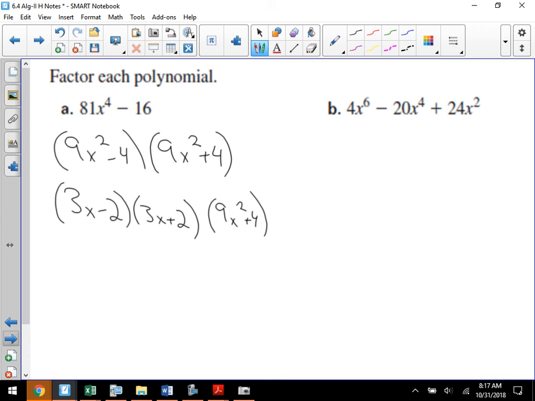Okay. Now, look at the next one: 4x to the 6th minus 20x to the 4th plus 24x squared. Oh, factoring, here's so much fun.